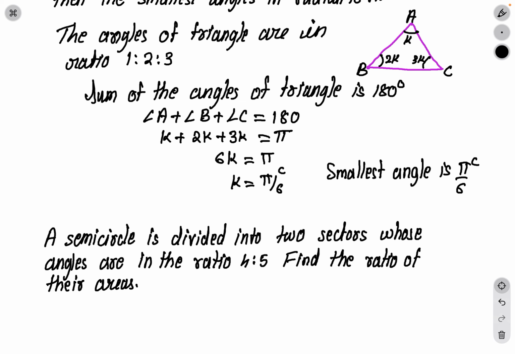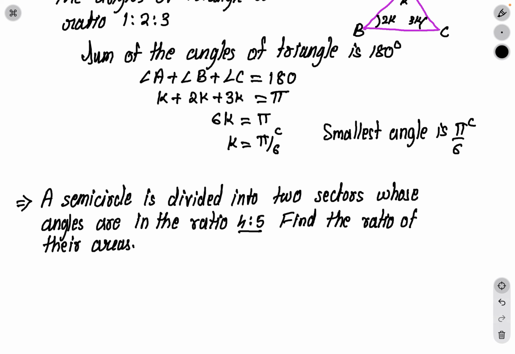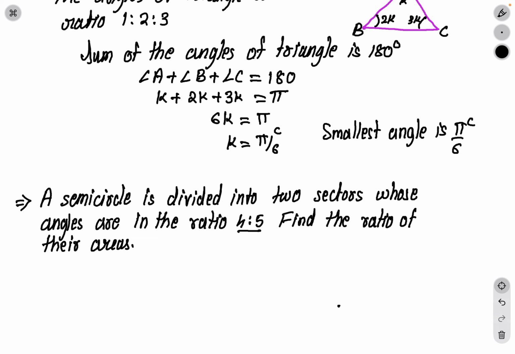Now we'll take the second example. A semicircle is divided into two sectors whose angles are in the ratio 4 is to 5. So we'll consider the semicircle. This is our semicircle and is divided into two sectors.